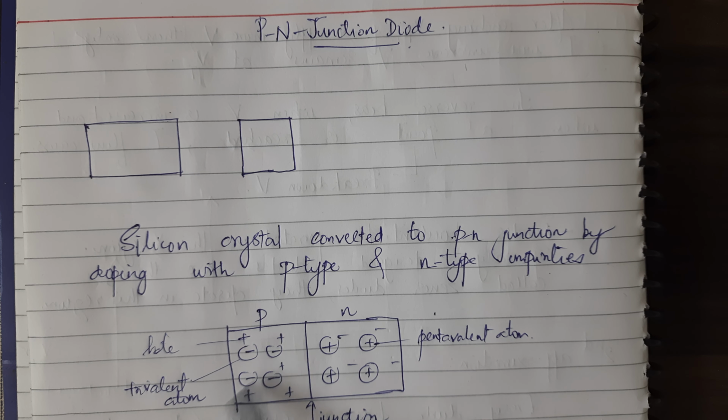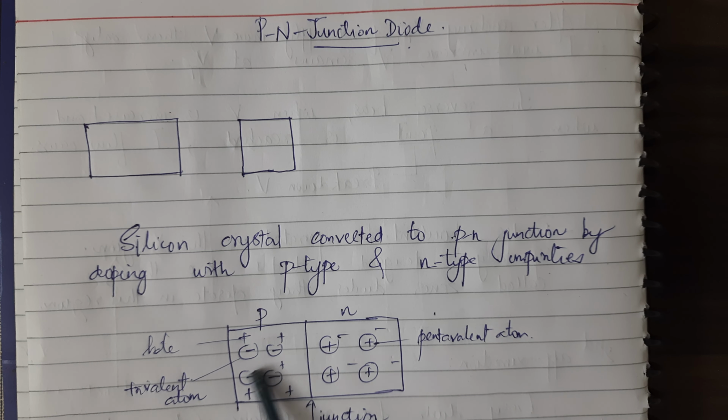As you all know, on the p side, the holes will be the majority carriers, and on the n side the electrons will be the majority carriers. So what happens is, when we join these p and n regions, the electrons from the n side will start moving to the p side.